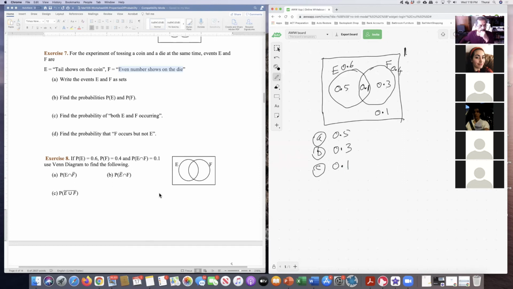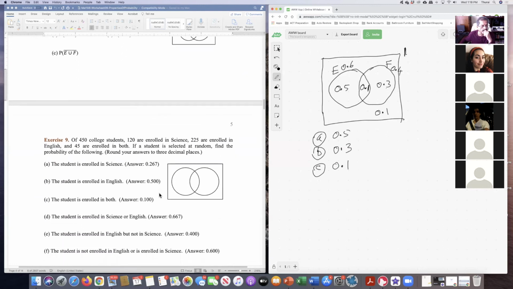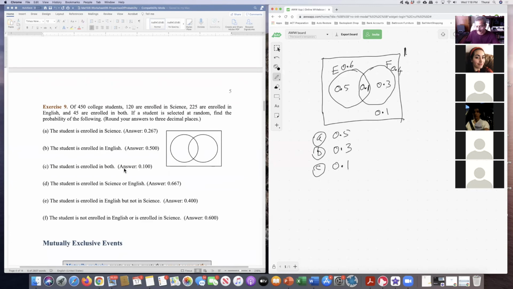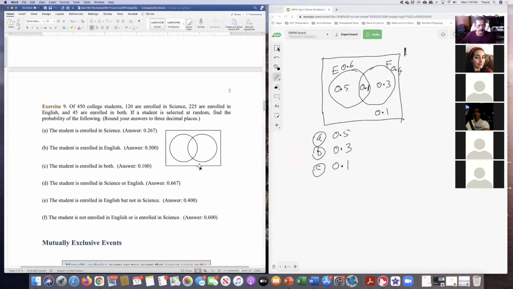Okay, very good. So let's do the next problem, exercise 9. This one gives you numbers, just like in the set theory problems. But like I said, whether it's numbers or probabilities, you can still use a Venn diagram in either case. So let's work this out with the Venn diagram.